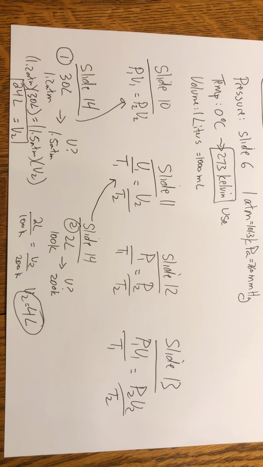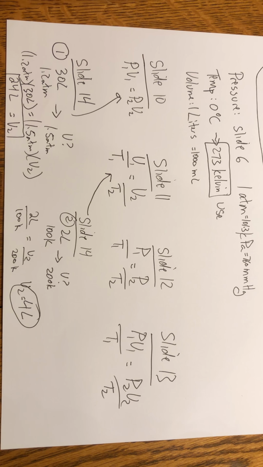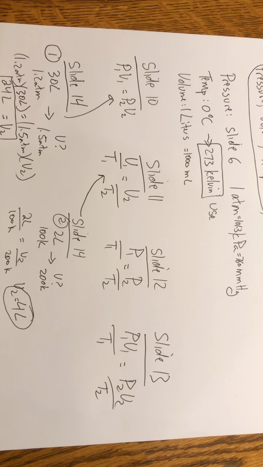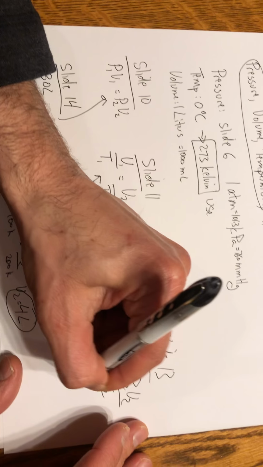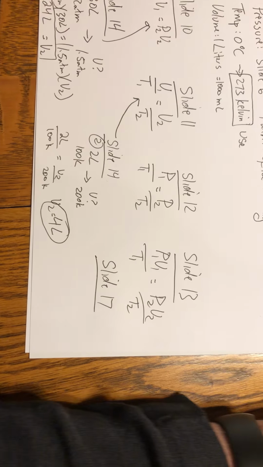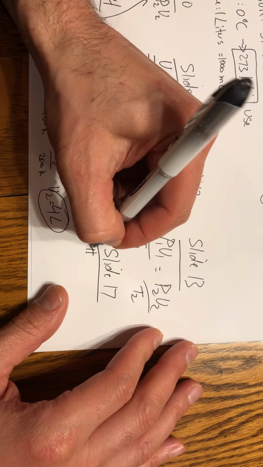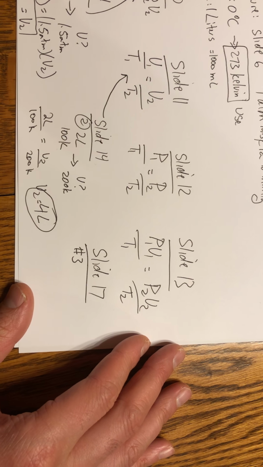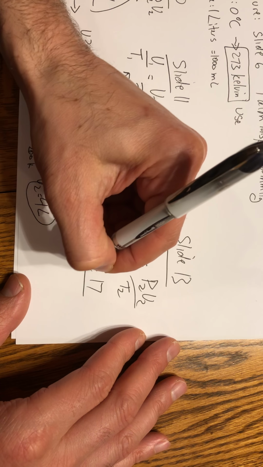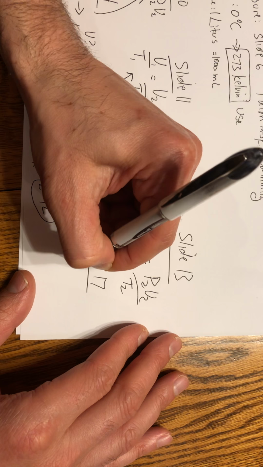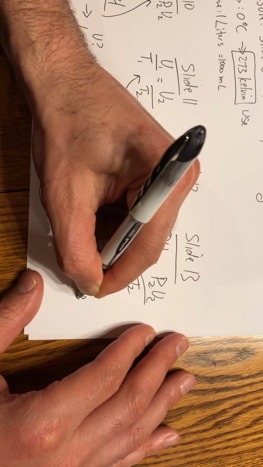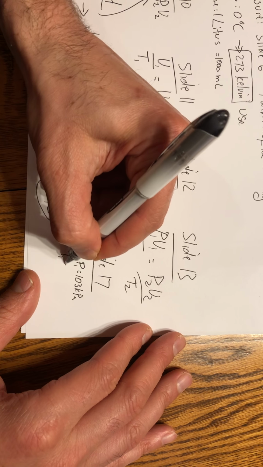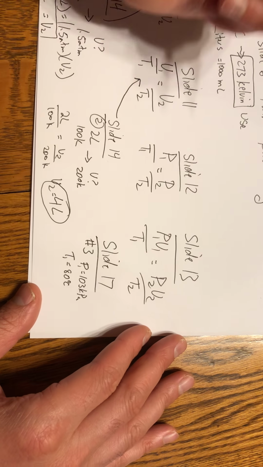Okay, I'm going to slide ahead really quick to slide 17 and do one more problem. If you look at the third problem on there, it says the gas has a pressure of 103 kPa and a temperature of 80 Celsius.